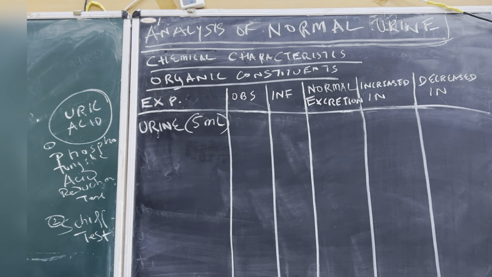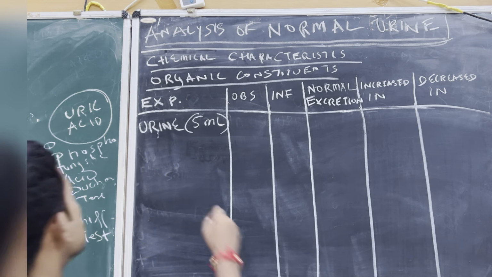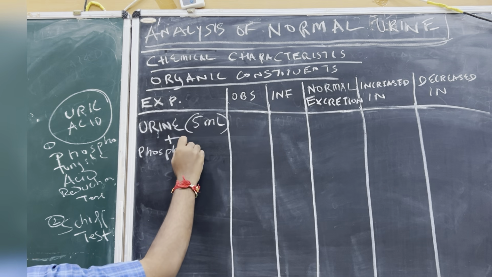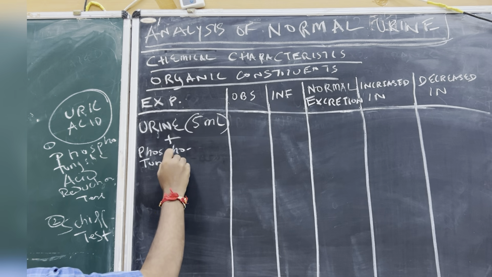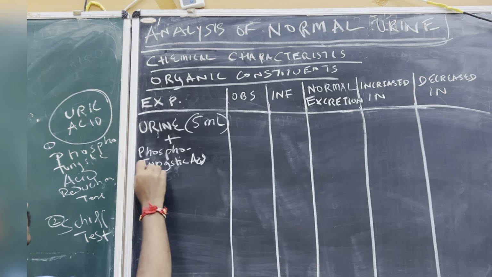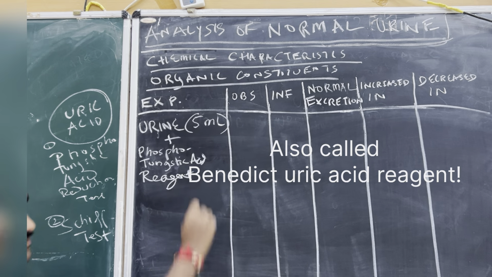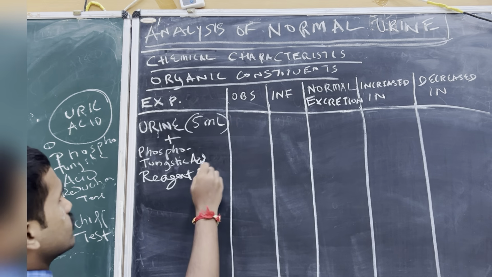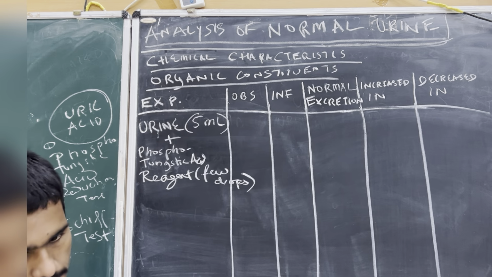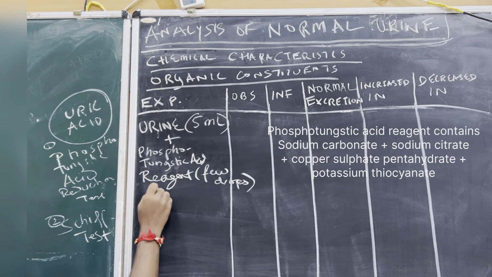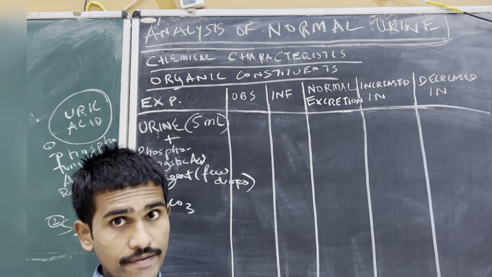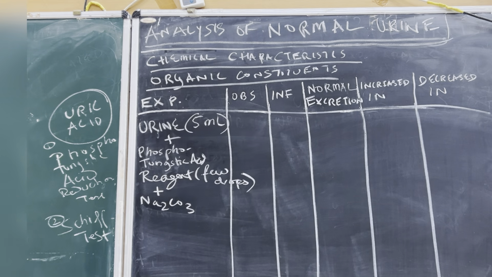Urine, mostly 5 ml, as with most other tests, and we take phosphotungstic acid reagent, a few drops, and we take 20% sodium carbonate. 20% sodium carbonate, mind you.